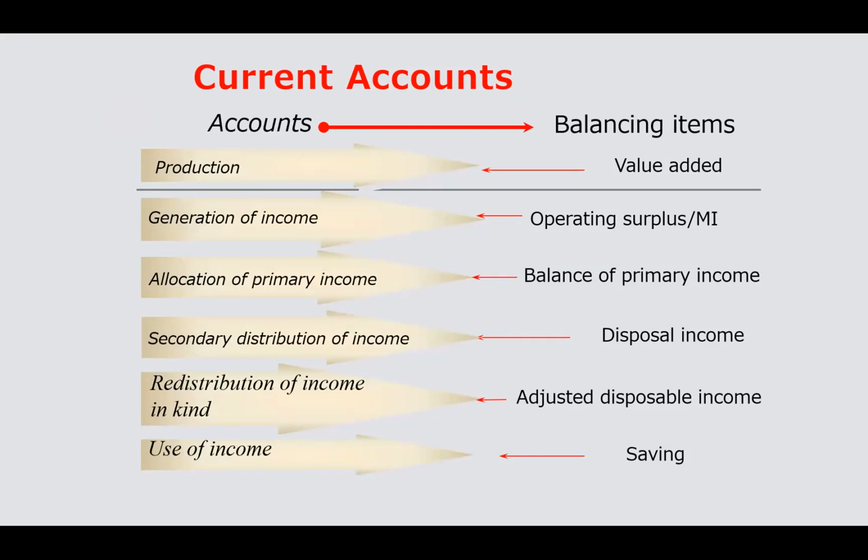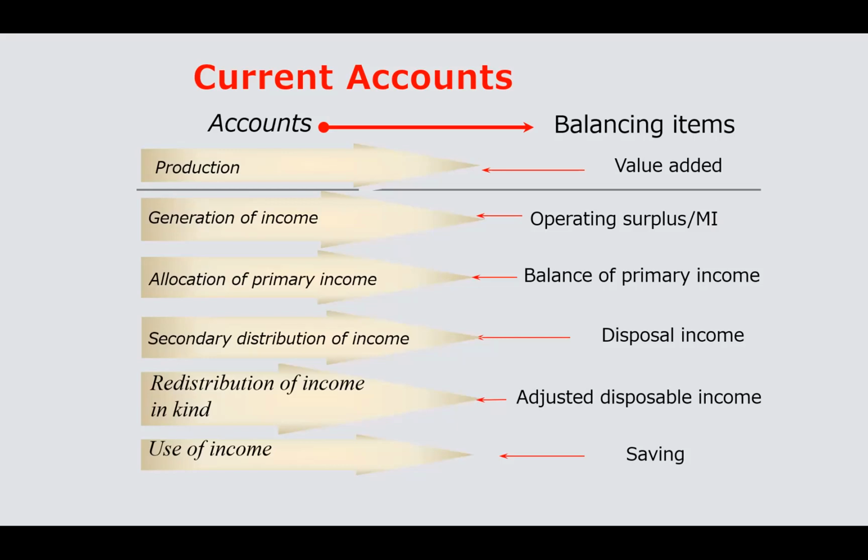So the balancing item in production is value added. The balancing item of generation of income is operating surplus and mixed income. For the allocation of primary income, the balancing item is balance of primary income.